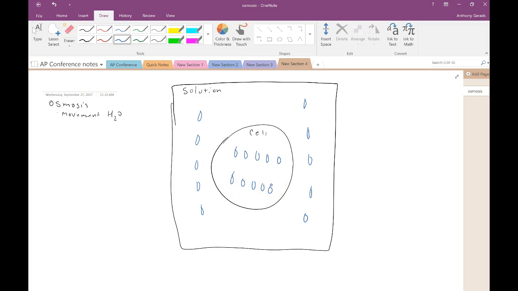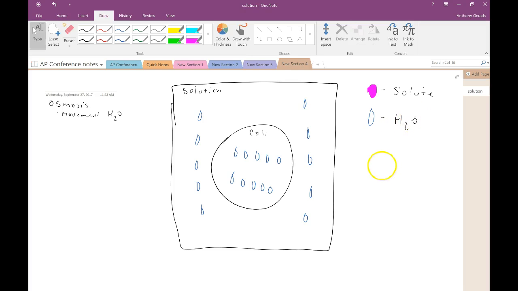Okay, so what we're talking about here is the amount of stuff that's going to be in here. So in this, we're talking about tonicity and the amount of solute. And so we're going to draw these little things right here. If you see that purple thing right there, that's solute. All these little blue drops, that's water.